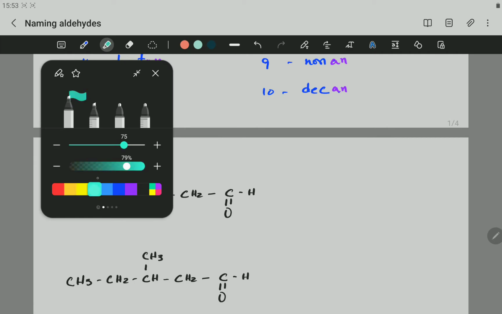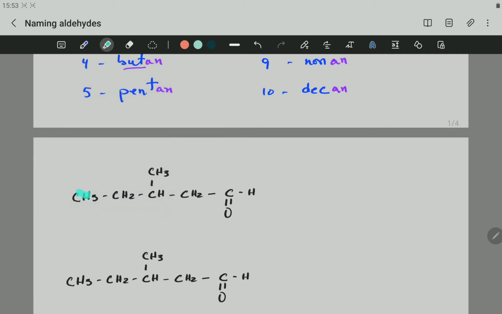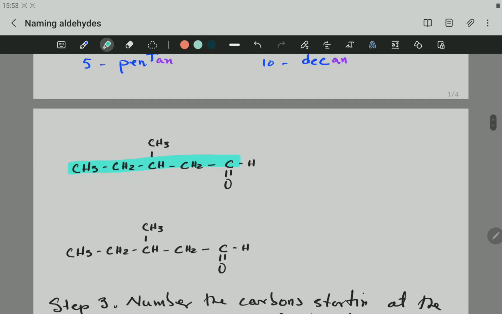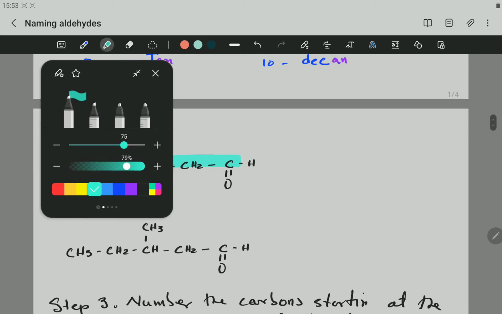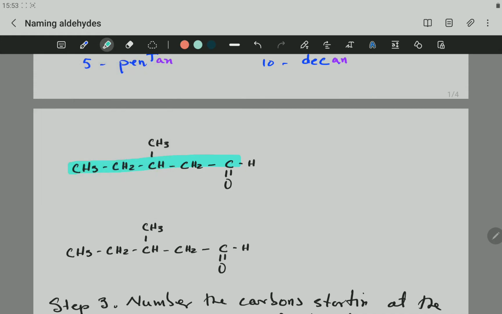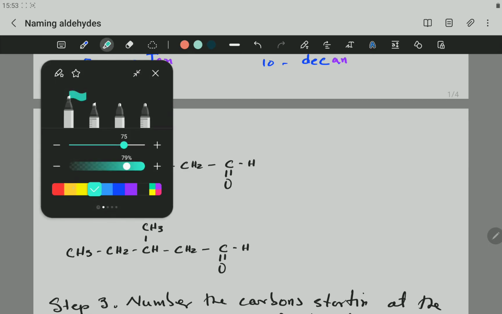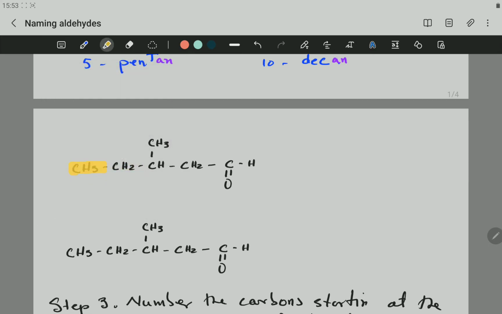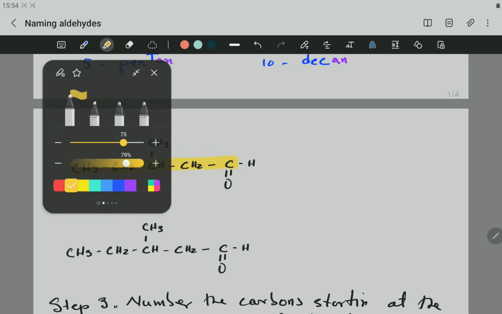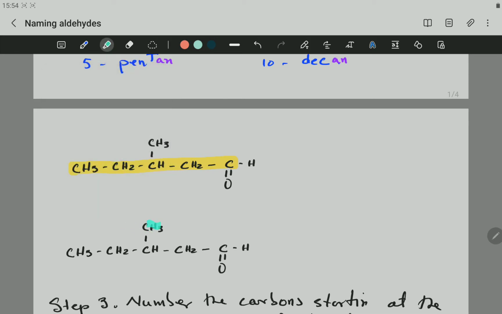Now we have different options. The first option is straightforward, and the second option is with a tiny turn. Let me just change the colors here, because I used the colors for the other ones. So here is the straightforward one, and here is the one that has a small turn.